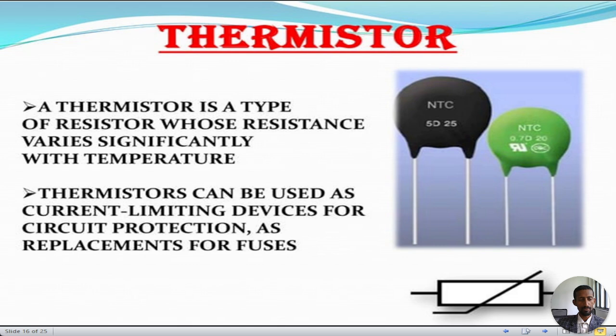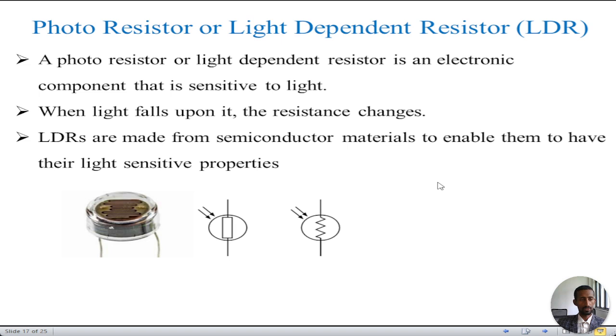A thermistor can be used as a current limiting device for circuit protection as a replacement for fuses, because as the temperature increases, the resistance of this thermistor will also vary significantly. It will be used in protection circuits.